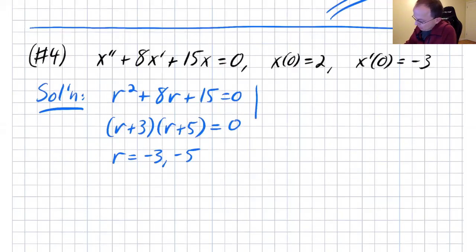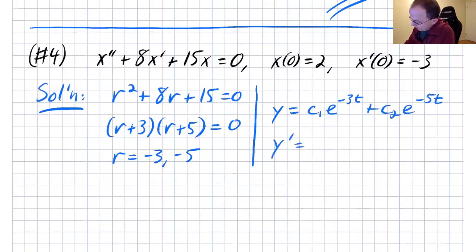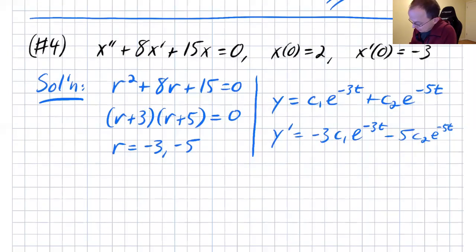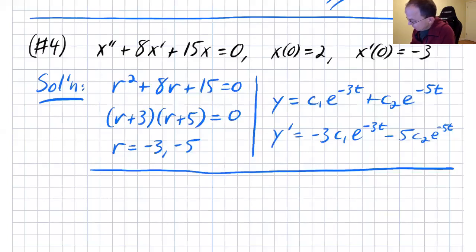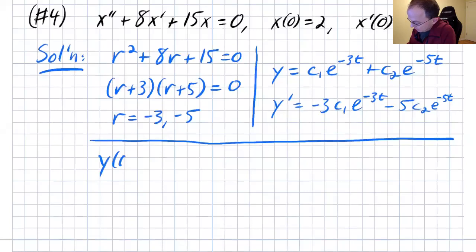Okay, so there are the roots, and therefore our solution is going to be C1 e to the minus 3t plus C2 e to the minus 5t. And we take the derivative. Now we use our initial conditions.